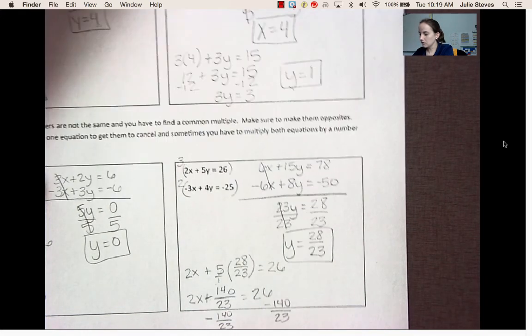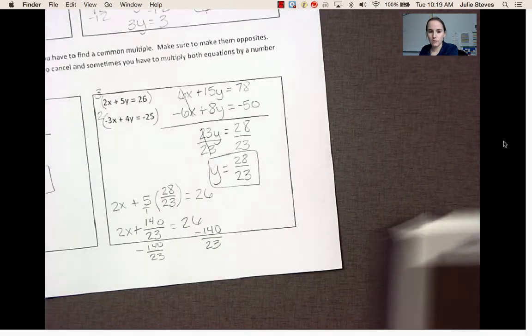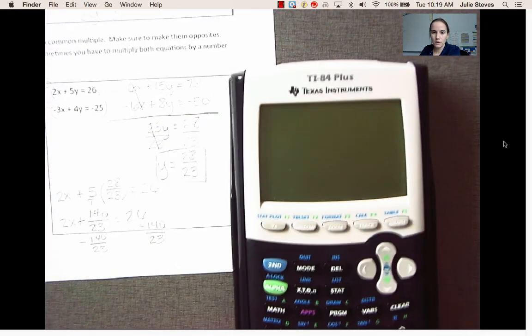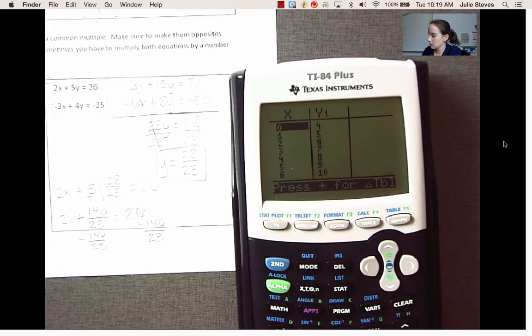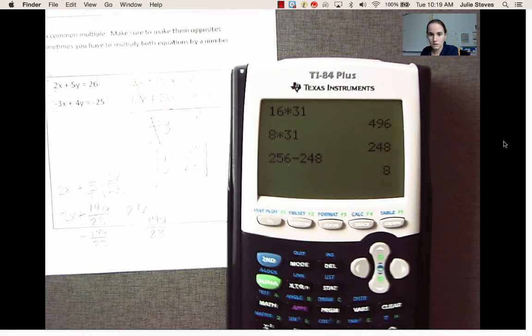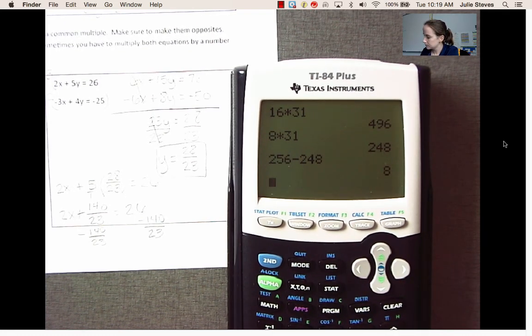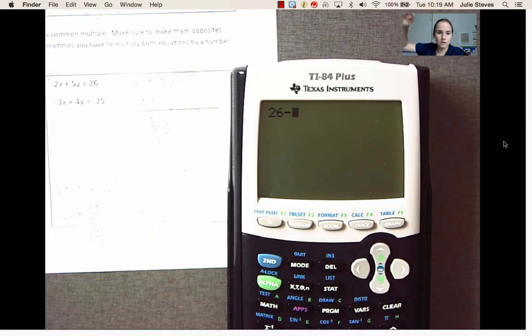Now what I'm going to do here is use the calculator. I'm going to type in 26 minus, and I'm going to do the calculator trick that some of you already know.